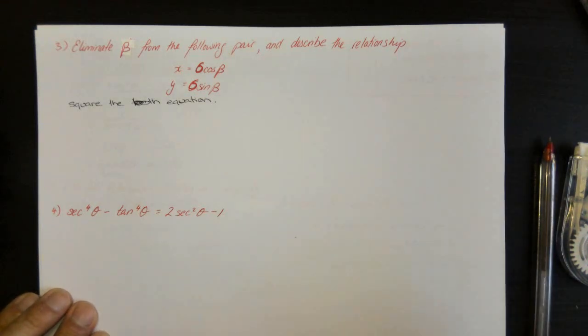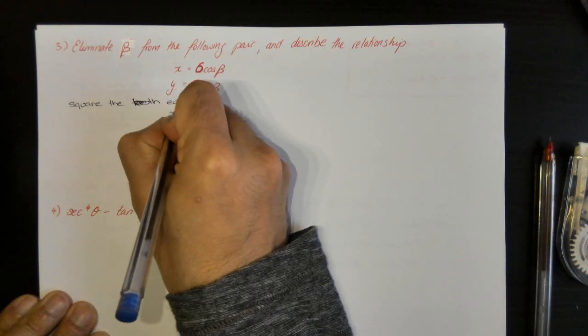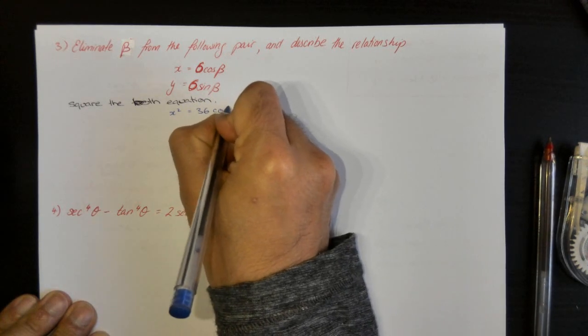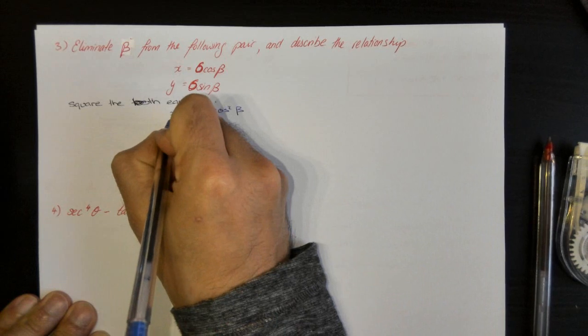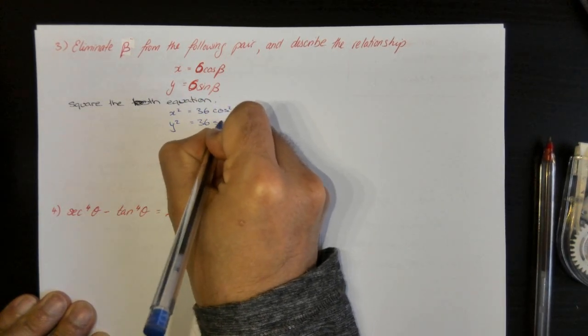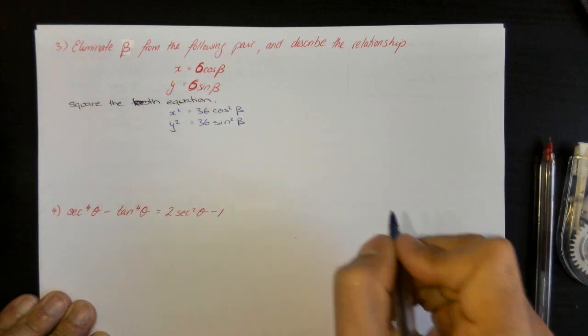So what I would get is x squared equals 36 cos squared beta, and y squared equals 36 sine squared beta.